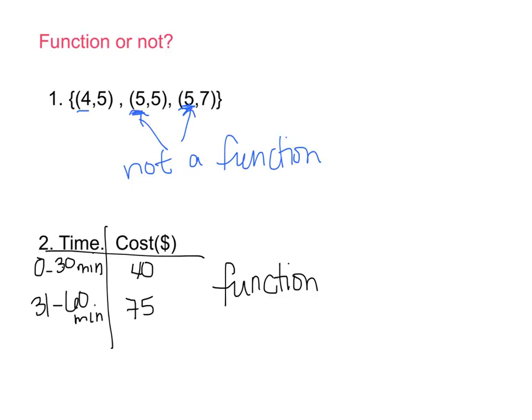Alright, hopefully these are starting to make more sense, but I'd like for us to look at one more set of ordered pairs. So we are going to look at the set of ordered pairs 8, -1, 4, 3.